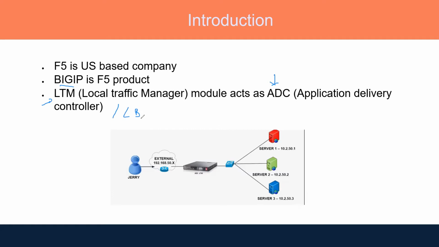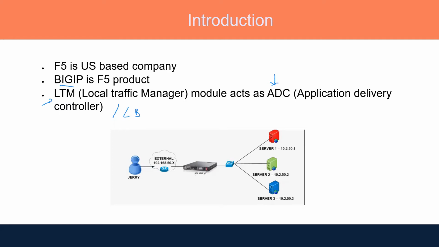So what is happening over here? You can see from a small diagram. Basically, in an organization you have multiple servers, and you want to set it up so that when a user is accessing the application hosted on multiple servers, their queries get load balanced on your LTM device.